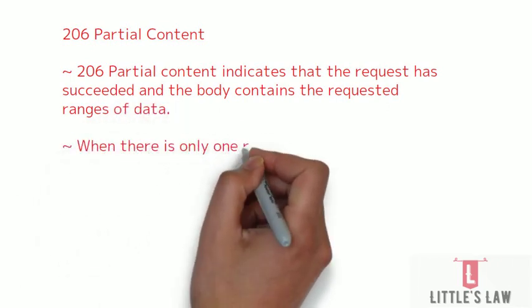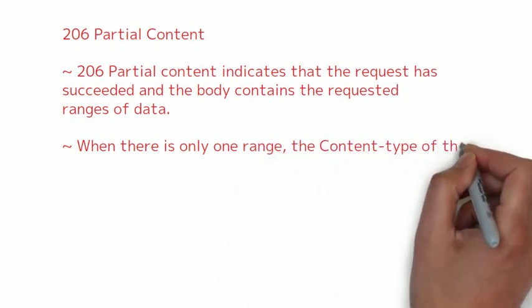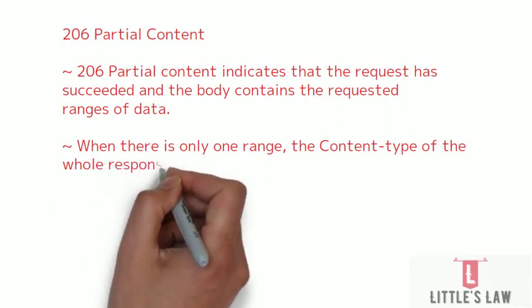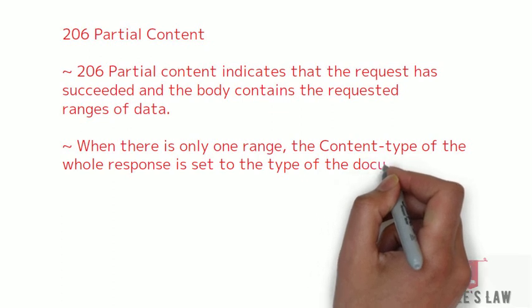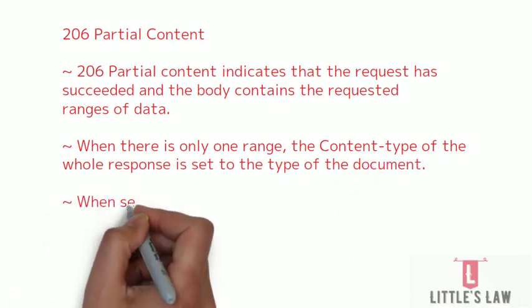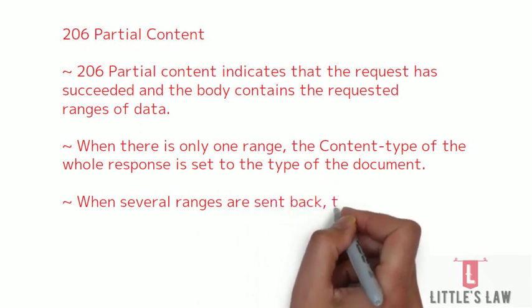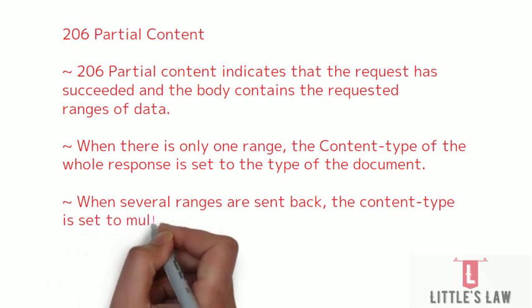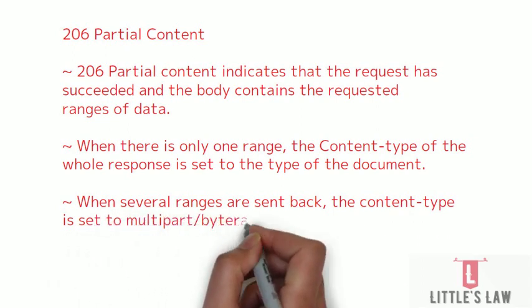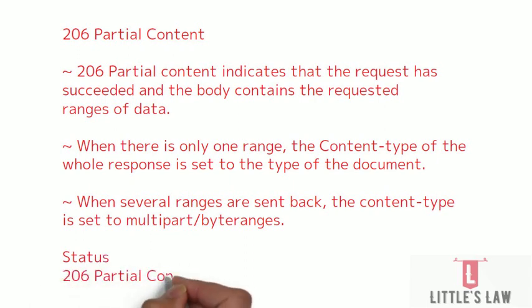If there is only one range, the content type of the whole response is set to the type of the document and a Content-Range is provided. If several ranges are sent back, the content type is set to multipart/byteranges and each fragment covers one range with Content-Range and Content-Type describing it. And the status response is going to be 206 Partial Content.